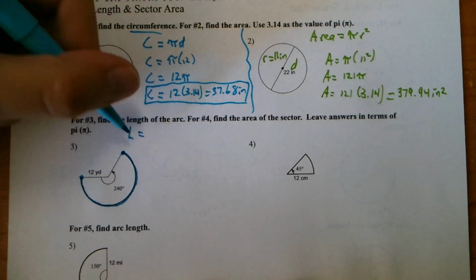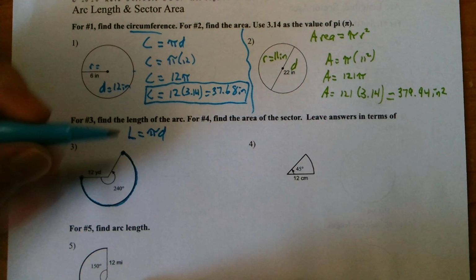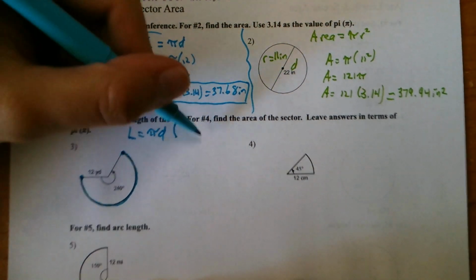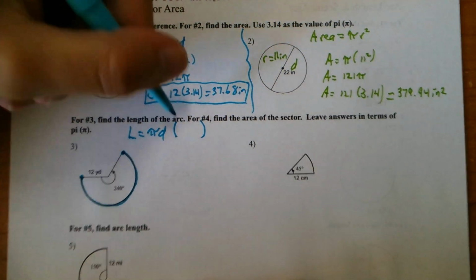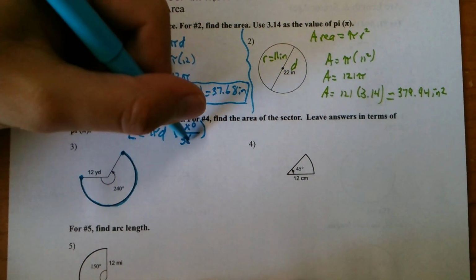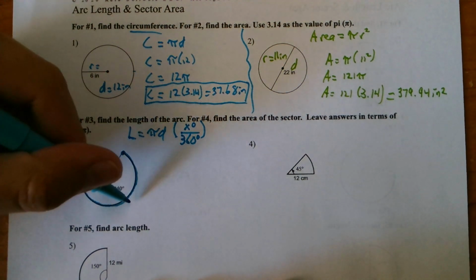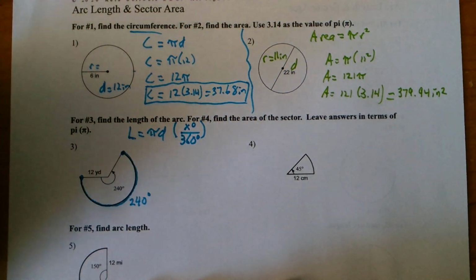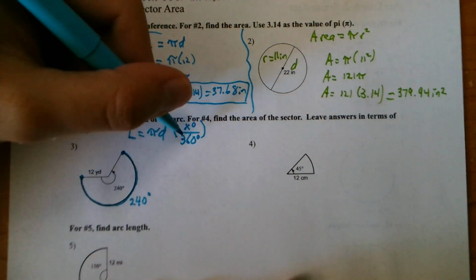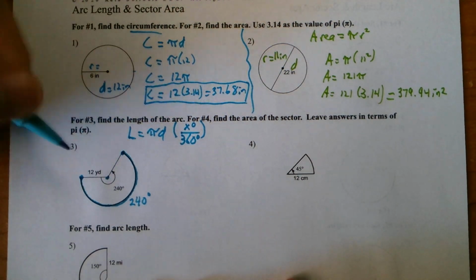So for arc length, it's very much related to circumference, but the difference is this is not a whole circle. This is equal to a fraction of a circle. So that fraction, we can determine its size by doing number of degrees over 360. So in this case, the arc is worth 240 degrees out of 360, and in this case, the radius is equal to 12.